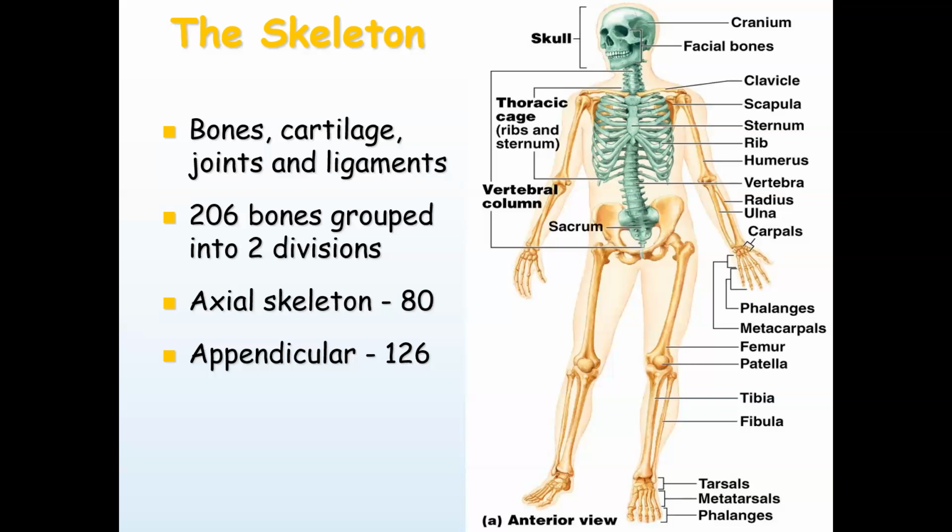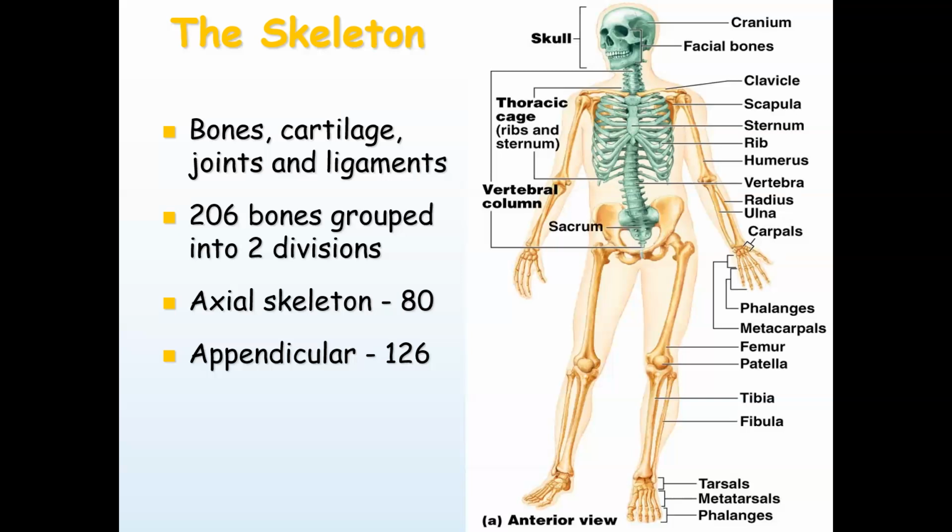Now, they also can use a skeleton to determine the sex of the person who died as well. But when we get to that point, we'll talk about that separately, right? So remember now, on average, 206 bones in an adult. More as a child, they fuse as you get older, right? Now, that said, these 206 bones are going to be divided into two basic groups, right?